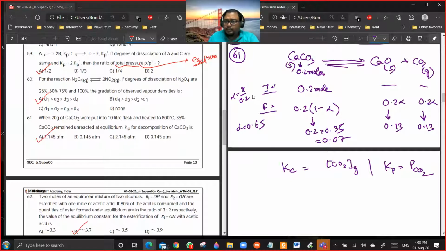Right? Okay. So you see, they are asking about Kp. Now Kp will be the pressure of CO2, and what is the pressure of CO2?